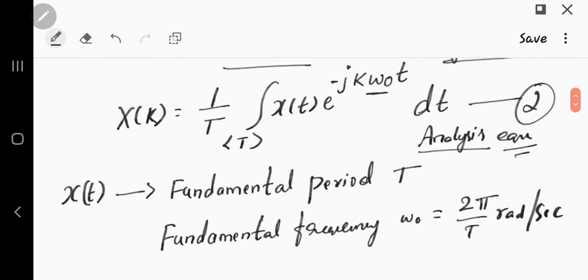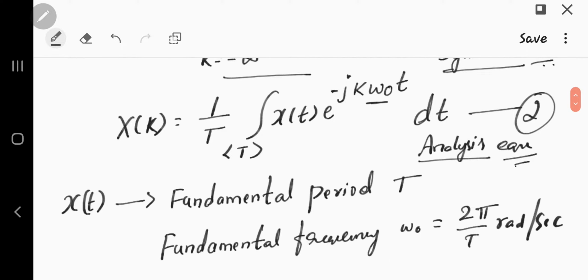Coming to the analysis equation, it is usually measured for one particular period. As you can see, we have 1 by T, that is the fundamental period, and the integration is limited to one period itself. So we write this analysis equation in terms of the period of the waveform.